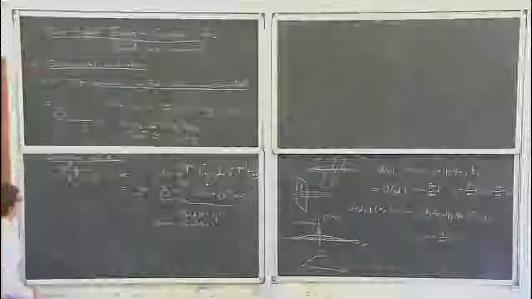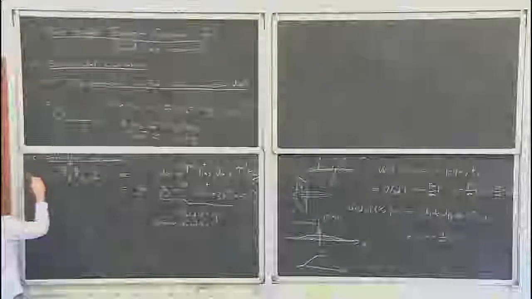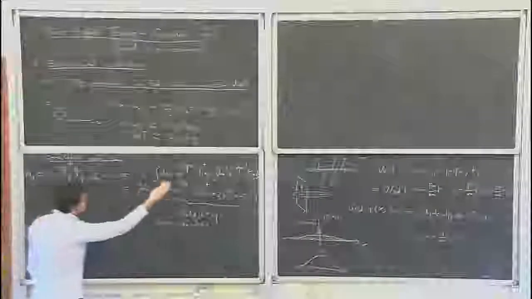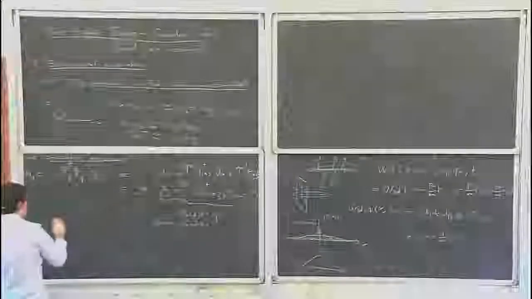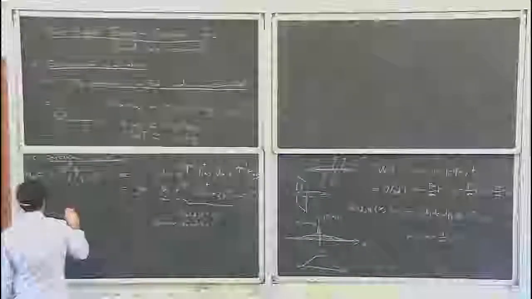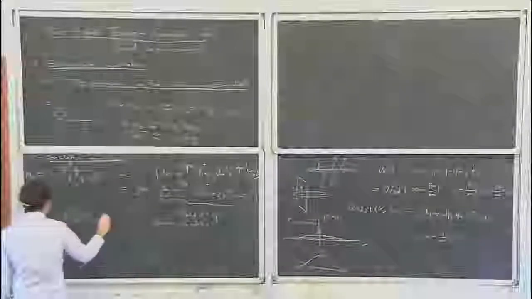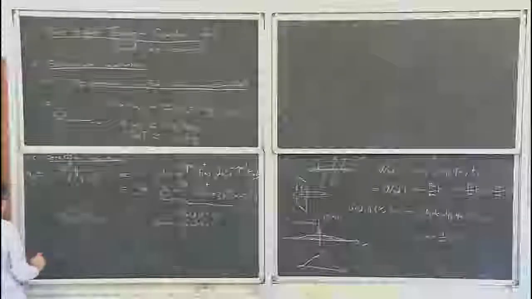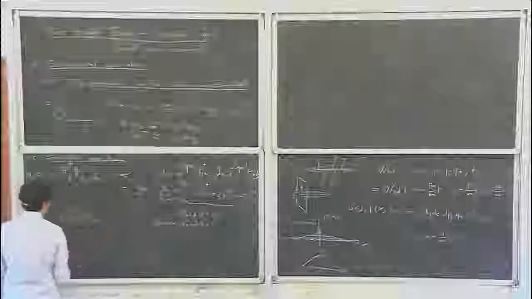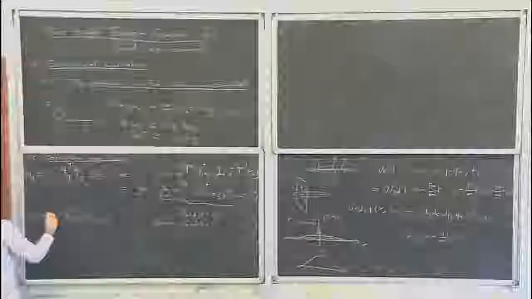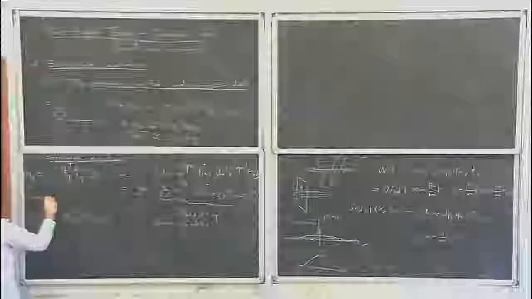The point here is that this is n of q in Thierry's notation. To calculate this, you need to be able to calculate this correlation function in the state at time t equals 0. In the literature, this is often called the one-particle density matrix.